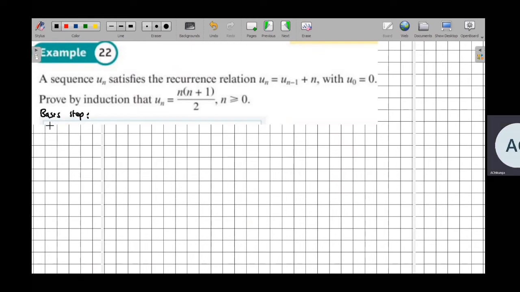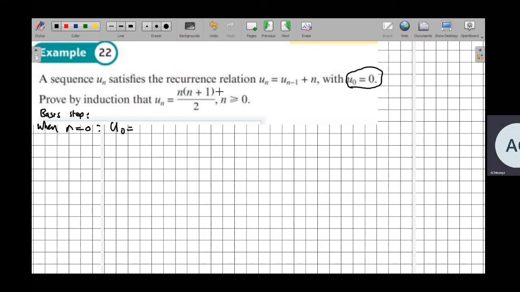All right, so basis step. Our basis step is starting from where? It's always being guided by this condition. So our basis step is starting from when n is equal to 0. So when n is equal to 0, what do we have?